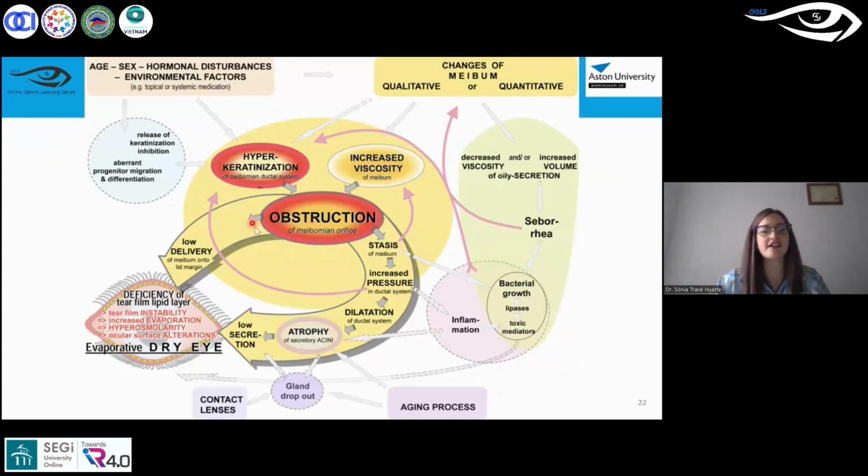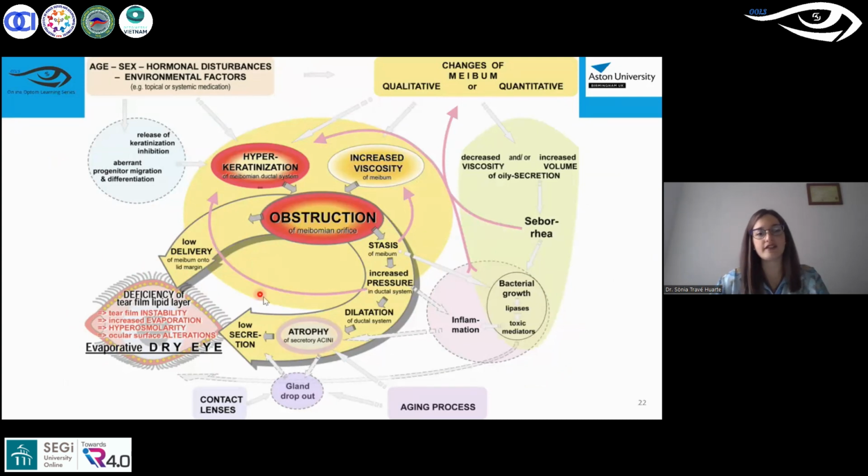So we're going to start with the low delivery. If we have a low delivery of meibum onto the lid margin, we then have a deficiency of the tear film lipid layer, which is what would change therefore the breakup time, more irritation, some damaging factors for the surface of the eye. So that's if we have low delivery.